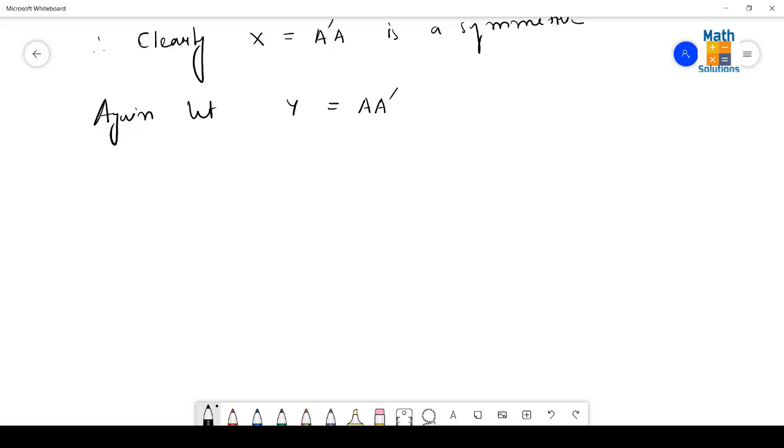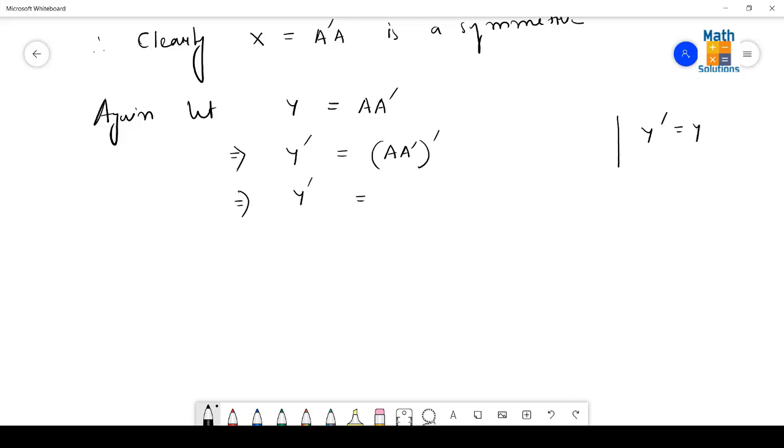Again we have to check whether the same property exists or not. So I am going to consider the transpose on both sides, A dash whole dash. To show that Y is symmetric, we have to find that Y dash is equal to Y. Let us check whether it happens here or not.